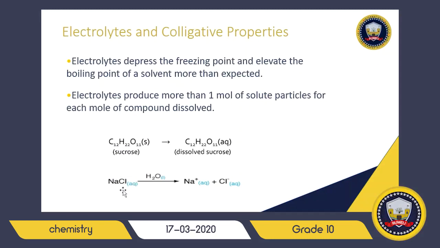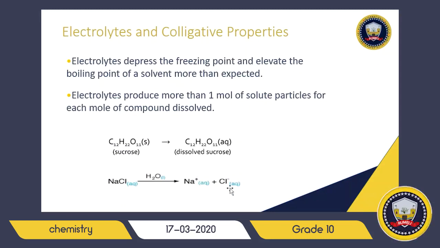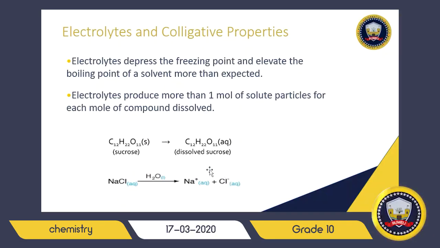As we can see, each 1 mole of NaCl will dissociate and give us 1 mole of positively charged sodium ion and 1 mole of negatively charged chloride ion. So for each 1 mole of sodium chloride, we will have 2 moles of ions, while 1 mole of saccharose will yield 1 mole of saccharose after being dissolved in water.